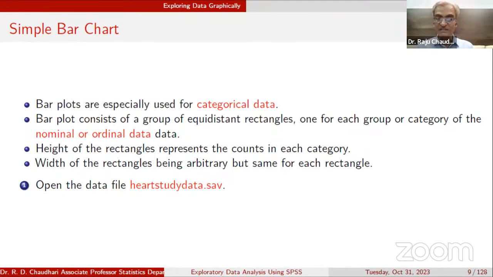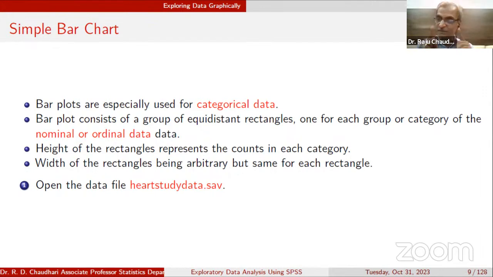I have shared this data file with the madam. Try to understand this: you cannot open this data file on your desktop or laptop unless you have SPSS installed, because it has the extension .sav. It is specifically an SPSS data file, so to open it, we need SPSS.